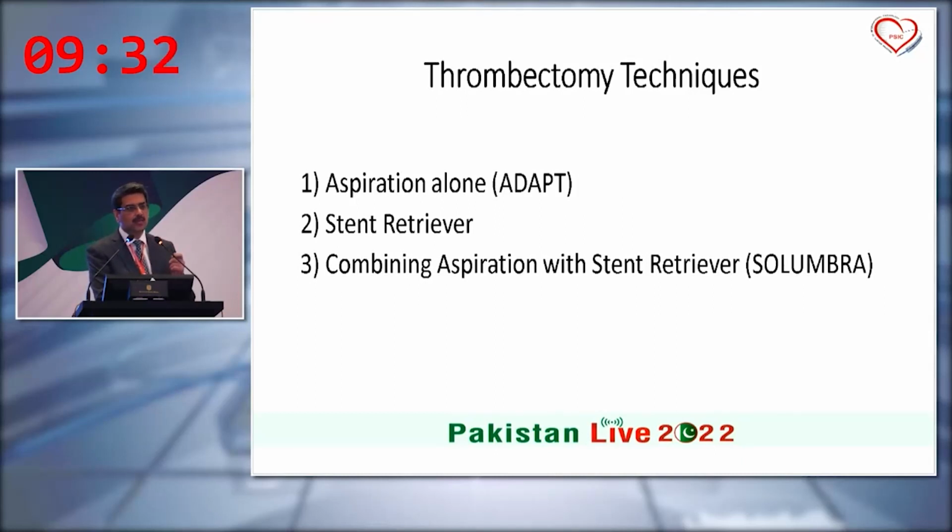So the stent that we use here is not permanently deployed. It goes in, grabs the clot, and we bring the stent out, so we leave nothing behind. This is the second technique. The third technique would be to combine the two: we do the aspiration and we use the stent.